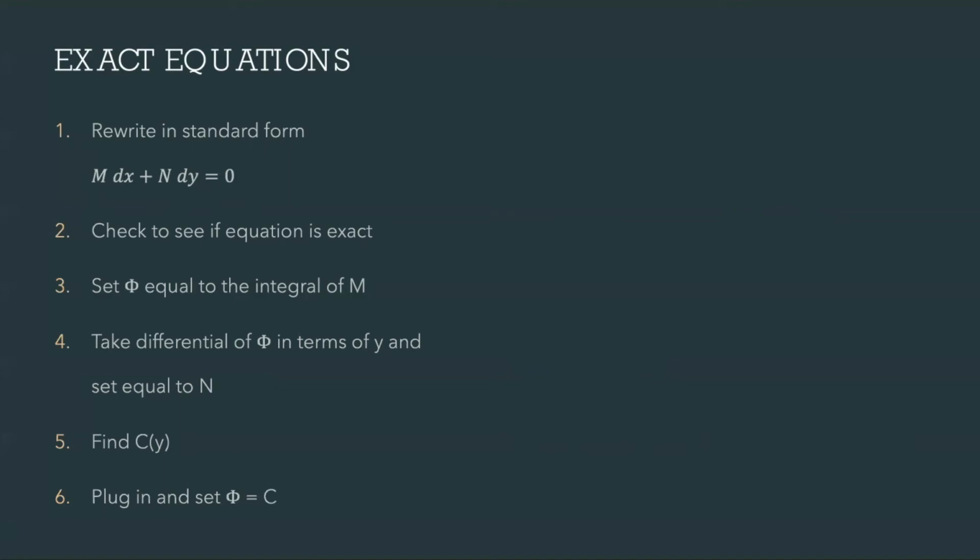So I've chosen this example. 2xy plus 3 times dx plus x squared minus 1 times dy is equal to 0. Well, since this is already written in standard form, we can easily pull out the m and n from it. So m is equal to 2xy plus 3, and n is equal to x squared minus 1.